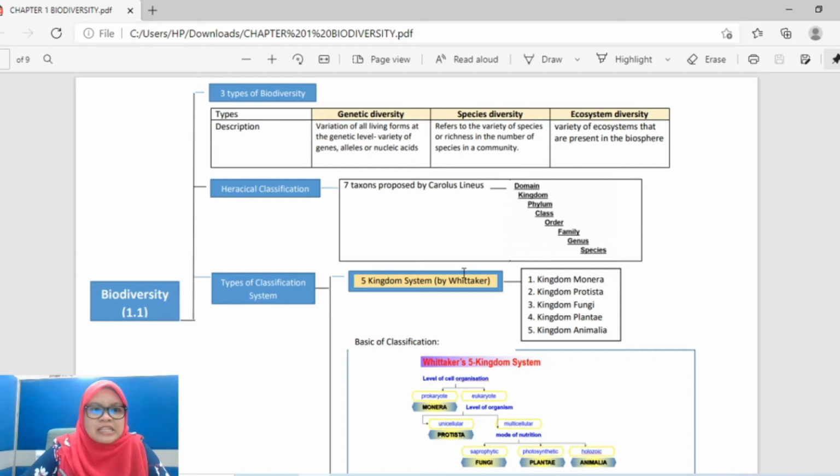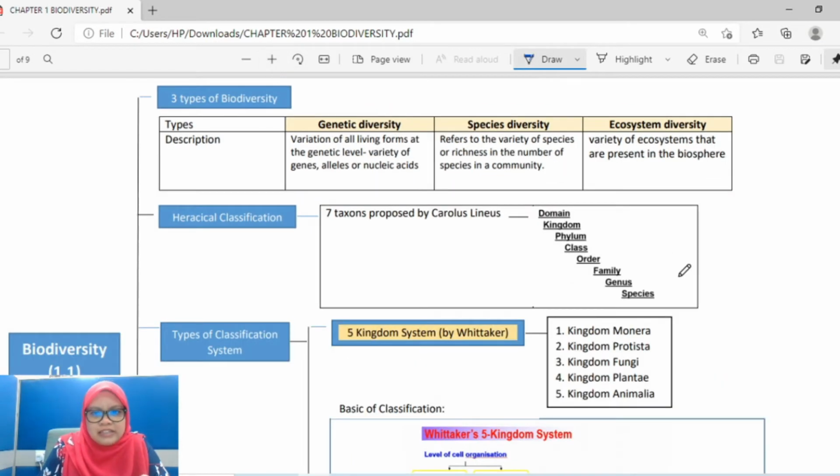Okay, next is hierarchical classification. Hierarchical classification was proposed by Carolus Linnaeus. In hierarchical classification there are 7 taxa. Start with domain, itu yang paling besar. Domain, kingdom, class, order, family, genus, species.